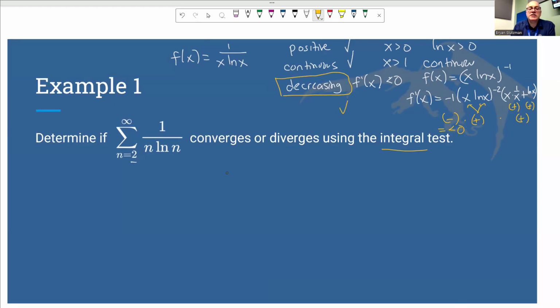The integral test says, let's find out if the integral from 1 to infinity of 1 over x natural log of x, the same function, is that convergent or not? Well, the way I'm going to have to do this integral will be u substitution.